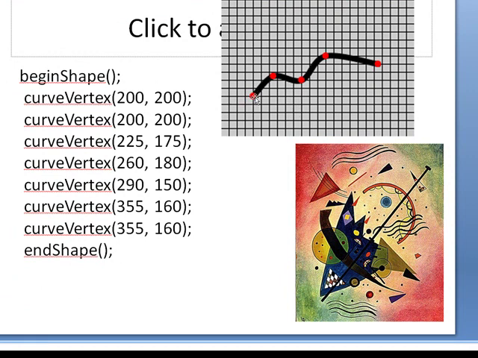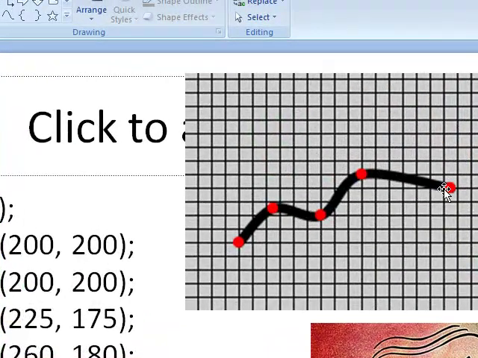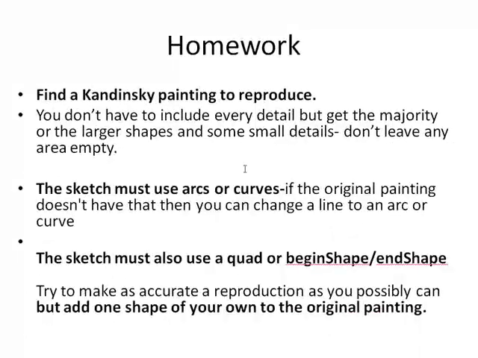So in other words, if I just put one here and one here, then I'm just going to get like a low curve from here to here. So you need to reach for the point, the vertex here, mark that out, mark this out, very much like you did for beginShape, endShape. It's just that the end result will be curved lines instead of straight lines. Okay?